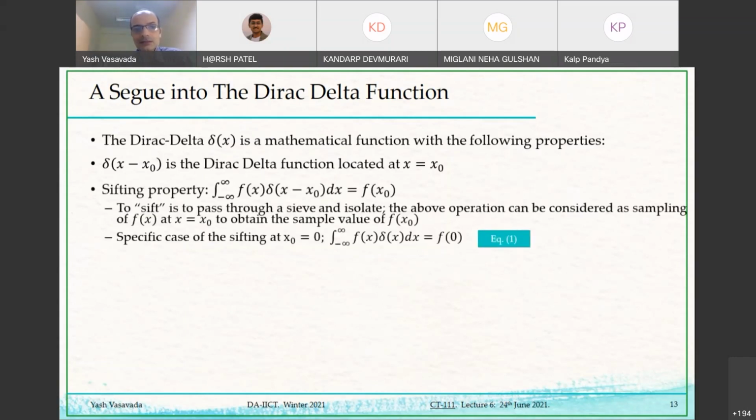Then there is this shifting property. Shift meaning to pass through a sieve and to isolate. Shifting property says that if you take any function f and do this integration with the Dirac delta function located at x naught, you get the value of f at x naught.